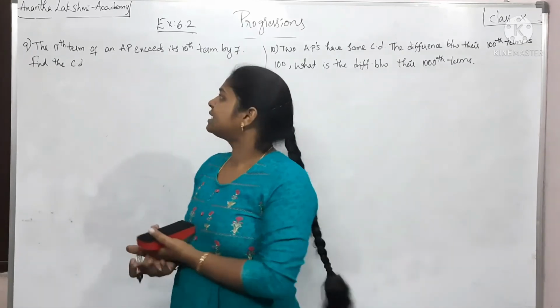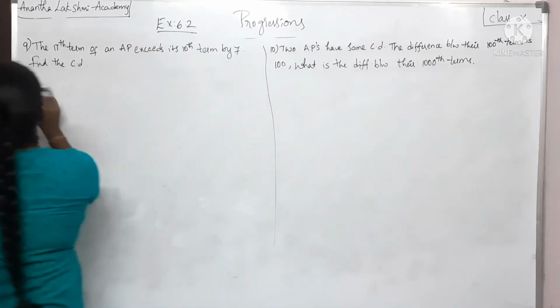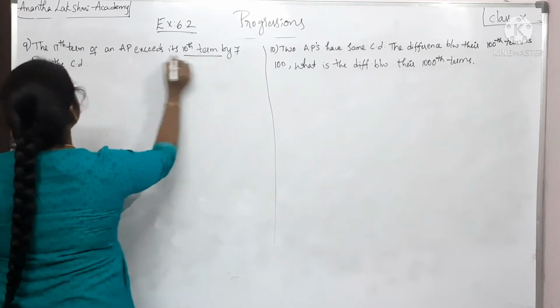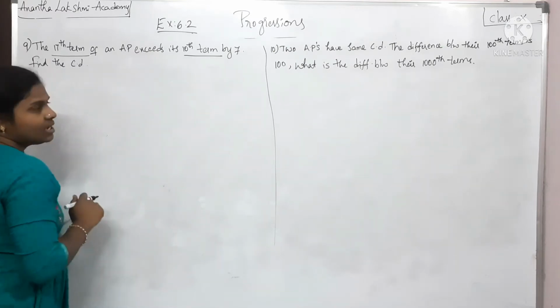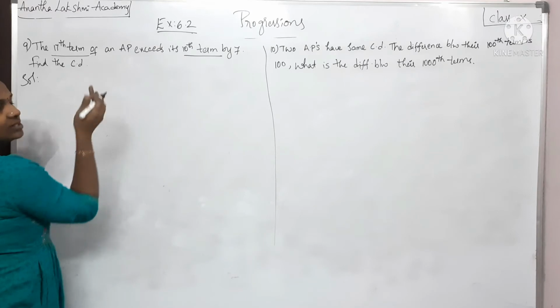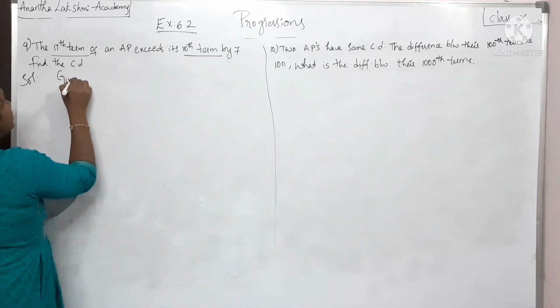So here we have the ninth problem listed on the board, which says the 17th term of an AP exceeds its 10th term by 7, and we are to find the common difference. CD, I just noted it as short form. So what is given for us?